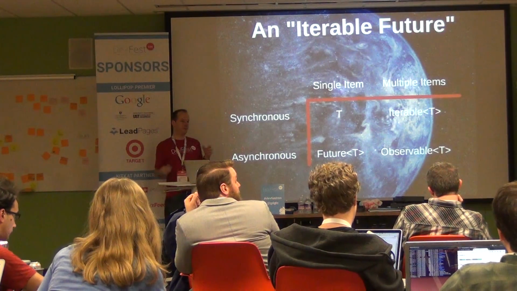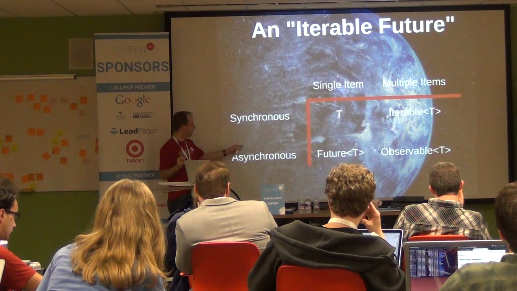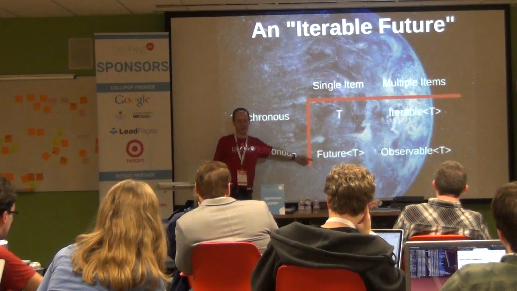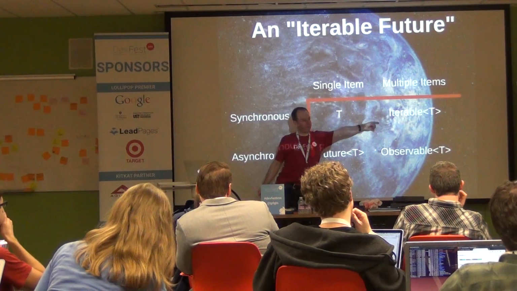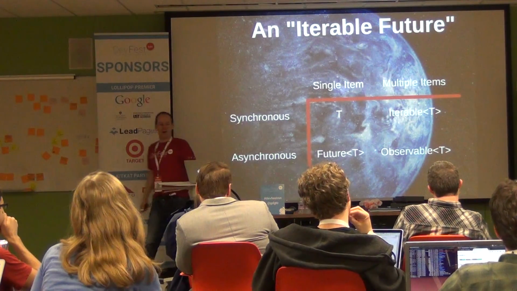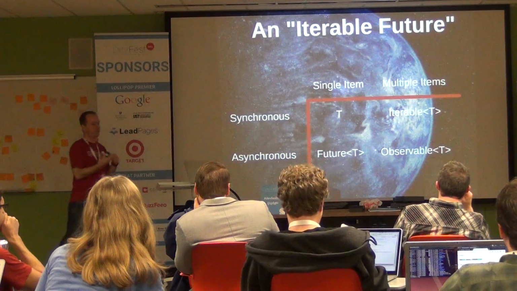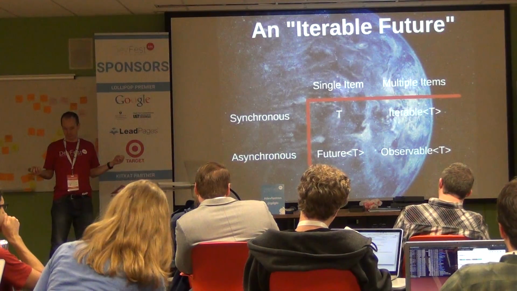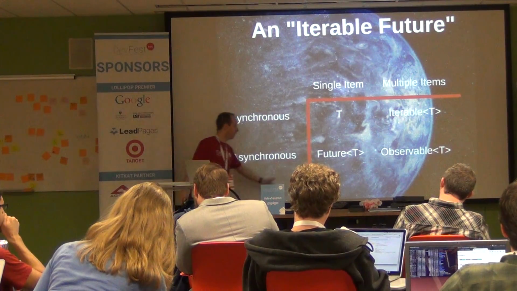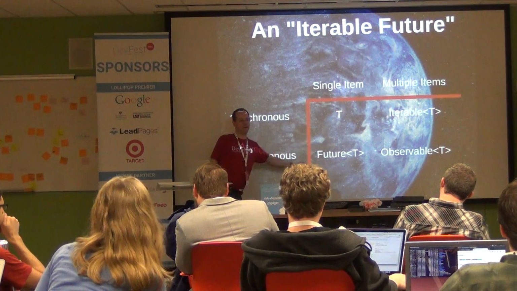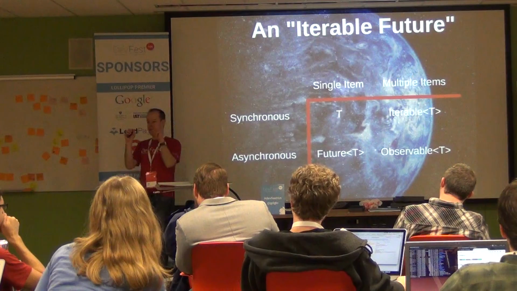So, if you know Java, you probably know what a future is. You may not. You would probably know what an iterable is, or at least a list, which is a type of iterable. An observable is nothing more than a list of futures. It's an iterable future. If you're used to JavaScript, you might call a future a promise. They're actually nearly identical.